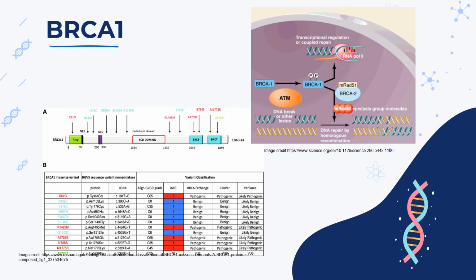If there's a mutation in the BRCA1 gene, then we're not phosphorylating the DNA the way that we're supposed to, and then we're not fixing it. And if we start copying broken DNA, then we have cells that are cancerous. Sometimes people refer to BRCA1 as a tumor suppressor gene because it fixes the DNA so you don't get tumors, but it's not a tumor suppressor gene the way that we classically define it, but kind of, sort of.